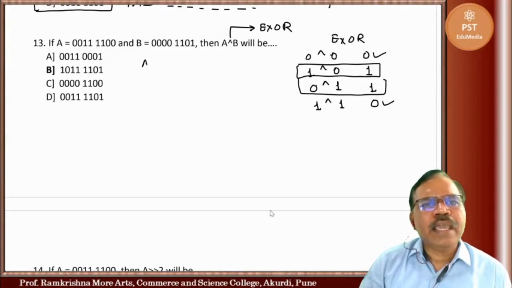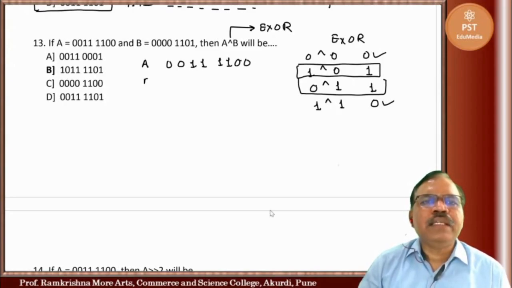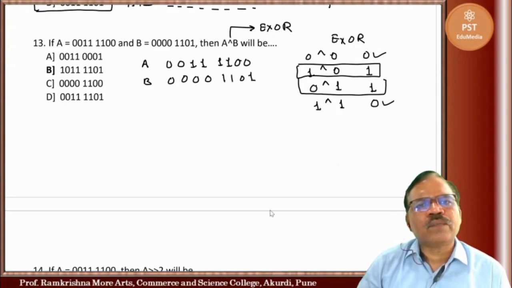So here A is 0, 0, 1, 1, 1, 1, 0, 0, and B is 0, 0, 0, 0, 1, 1, 0, 1.